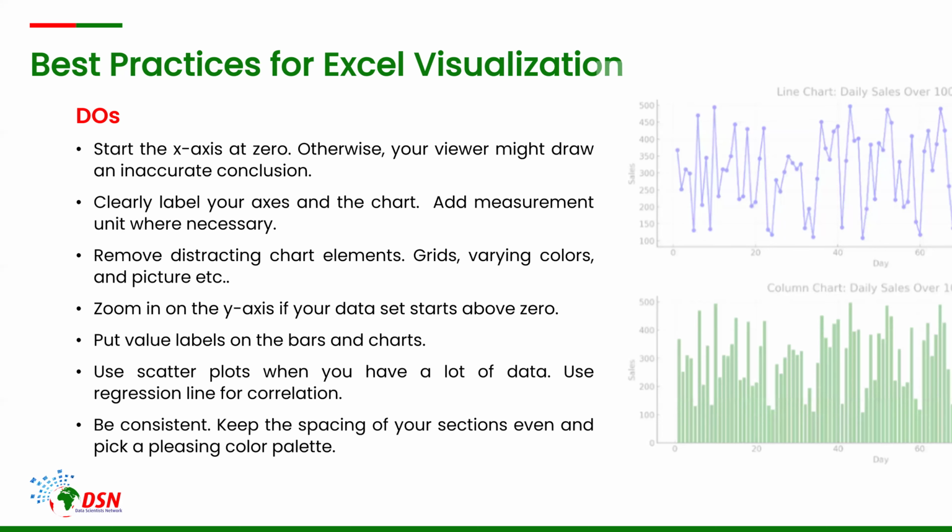Use scatter plots when you have a lot of data, and use line regression for correlation. When you have a whole lot of data to plot, and they are numeric, use scatter plots. If you use a column chart, or even a line chart, at the end of the day, the thing will just look like the head of a broom.